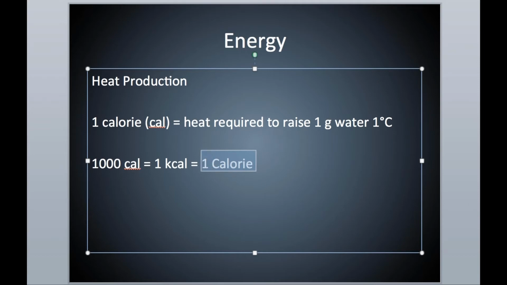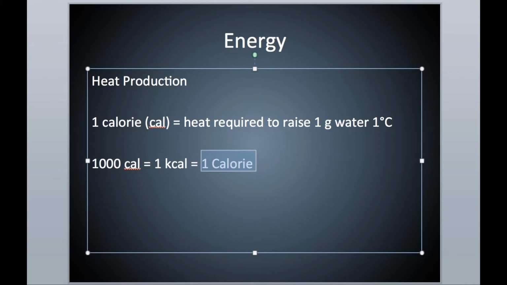So that's what we're talking about when we talk about calories normally. If you're a chemist, a lot of times you'll talk about the small c calories. But in nutrition and exercise physiology, exercise science, most of the time we're discussing the kilocalories or the kcals.